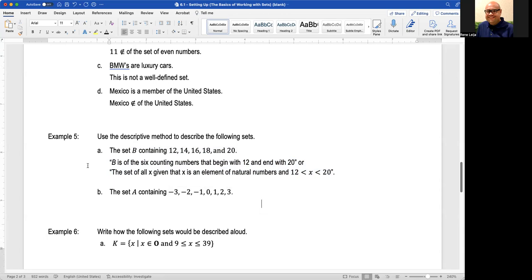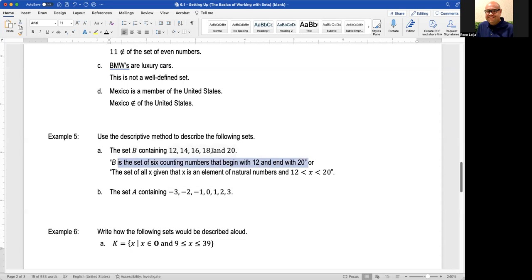B is the set of six counting numbers, sorry guys, of six counting numbers that begin with 12 and end with 20. And that was very specific, right? So B is a set of six.